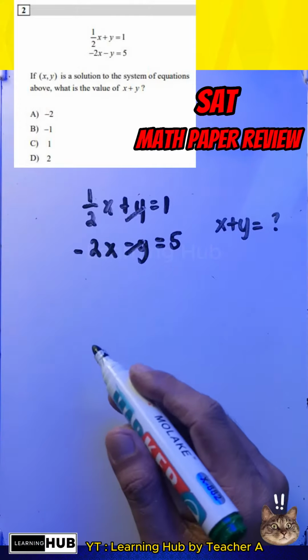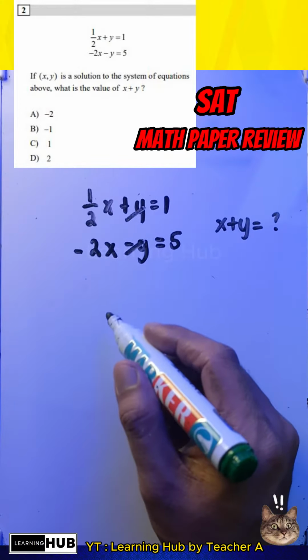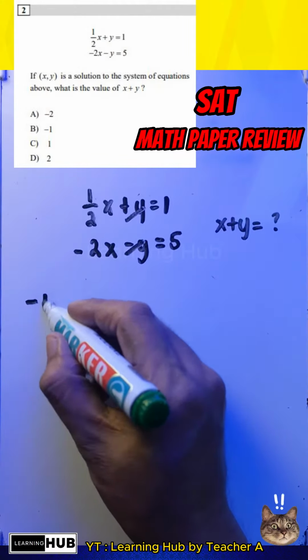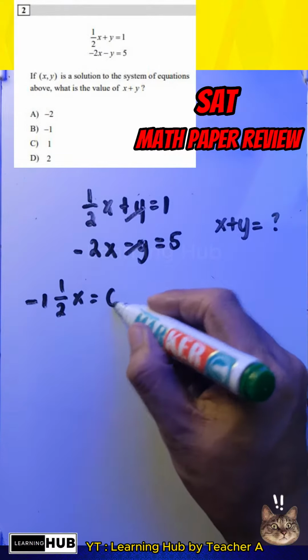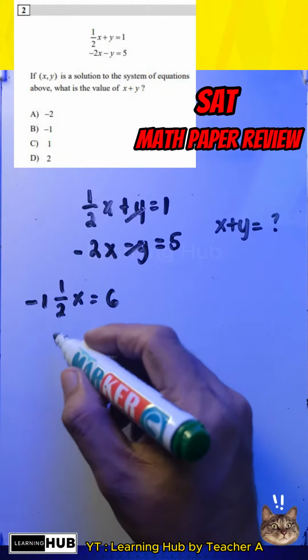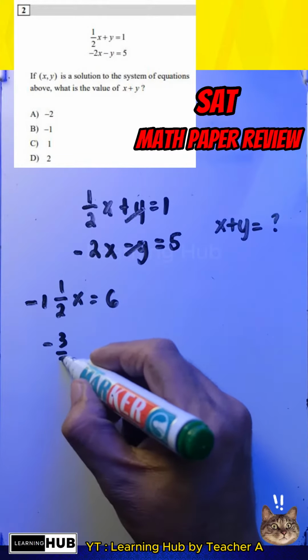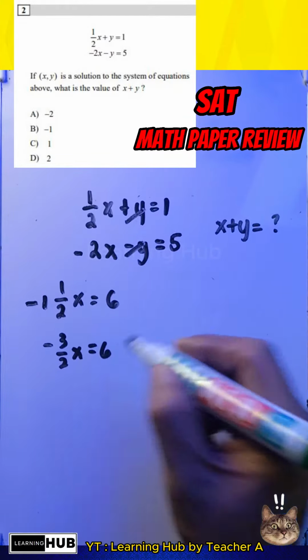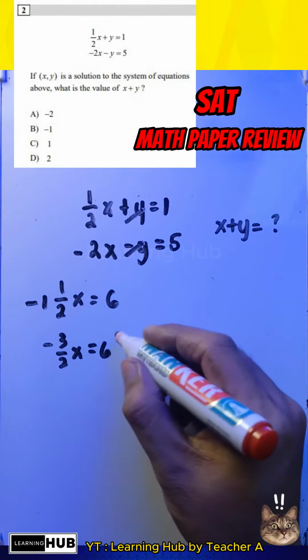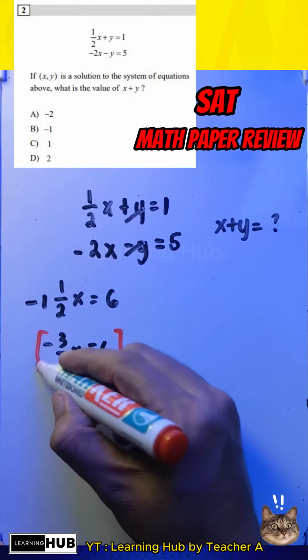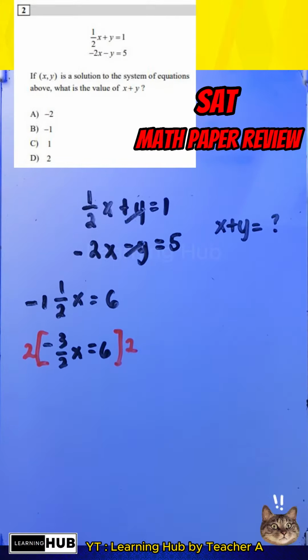So we have 1 half x minus 2 and a half x, that is negative 1 and 1 half x, is equal to 6. Negative 3 halves x is equal to 6. Going to multiply both sides by 2 to erase the denominator.